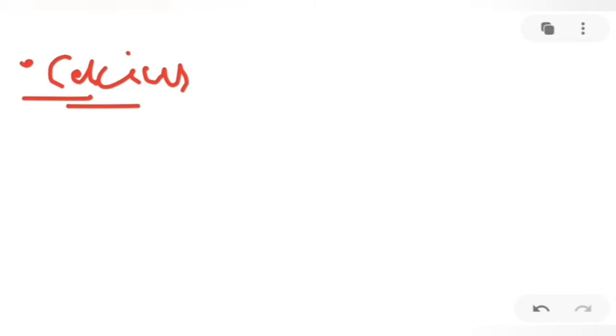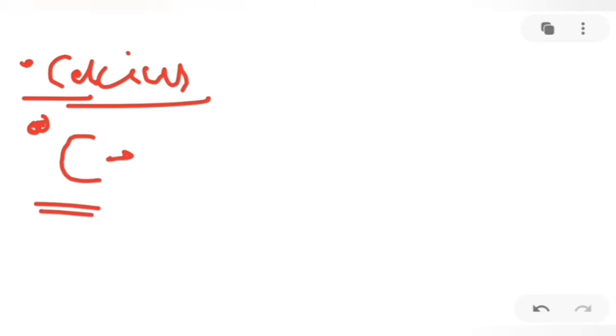Celsius unit is denoted by capital letter C, and before that we put a degree sign. So if C is written with a degree sign, it means degree Celsius. The clinical thermometer which we use for measuring human body temperature in our daily lives when we have fever is also based on the Celsius scale.